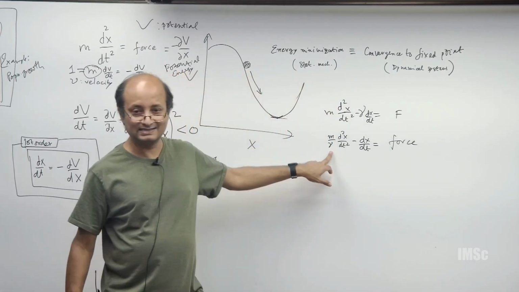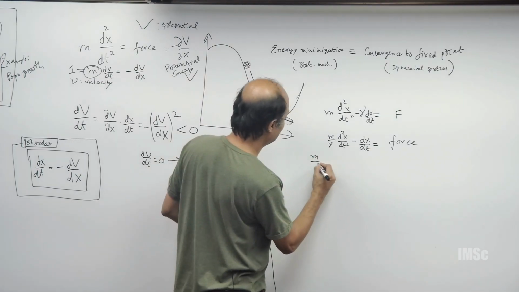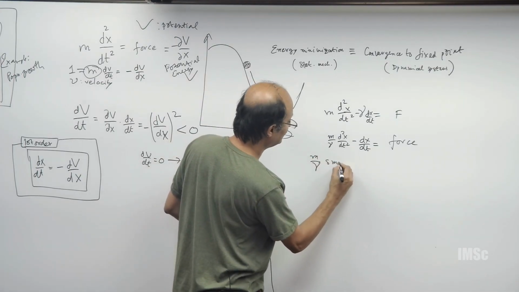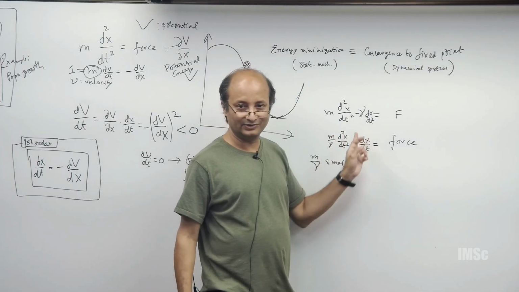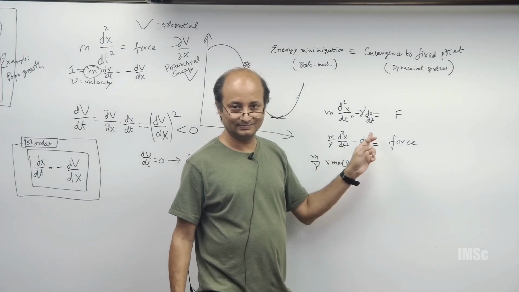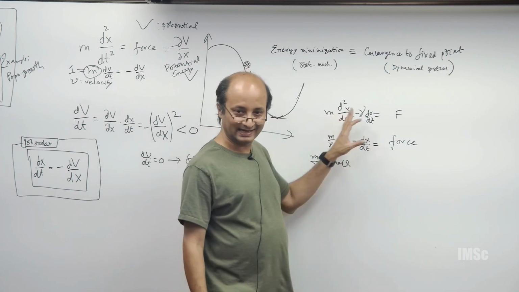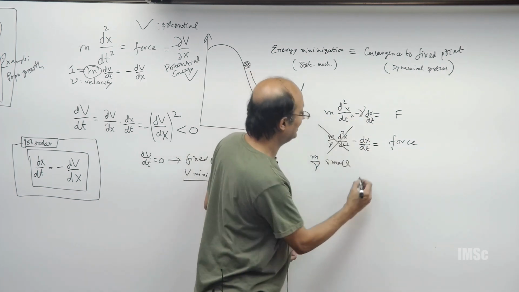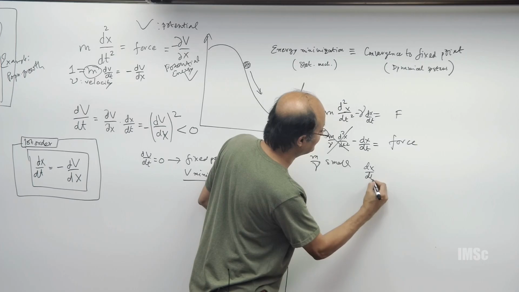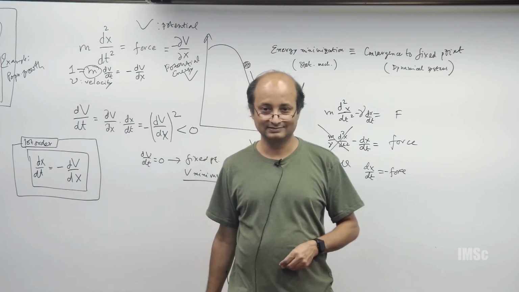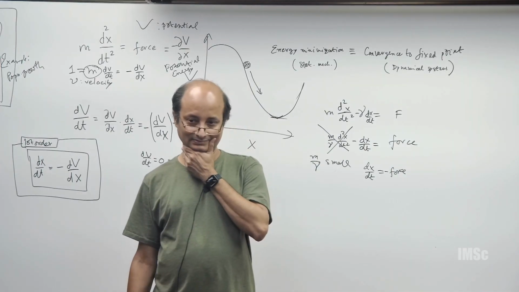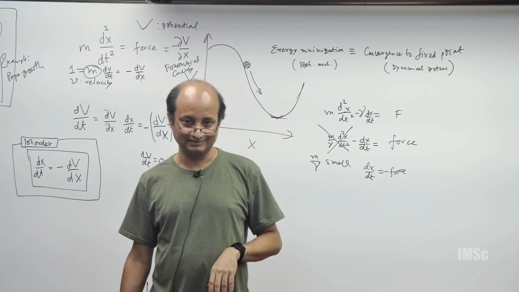And so what I'm saying is m by gamma is so small that I can neglect it compared to this term. Once I can neglect it, I can write this as dx dt equal to, or minus del v del x rather.